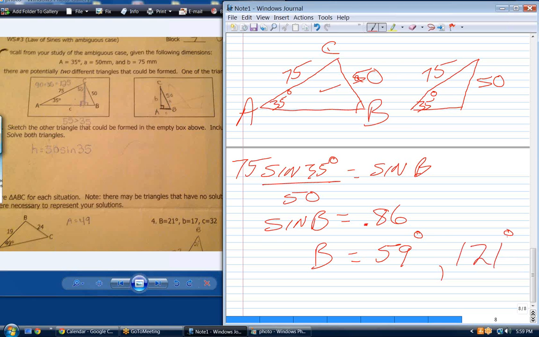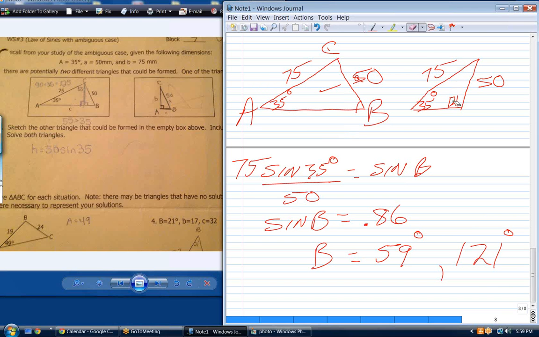And can both of them work? Yeah. Because we take that 121, we add it to this 35-degree angle, and it's less than 180. So this model works over here. And now solving the rest of it's easy.